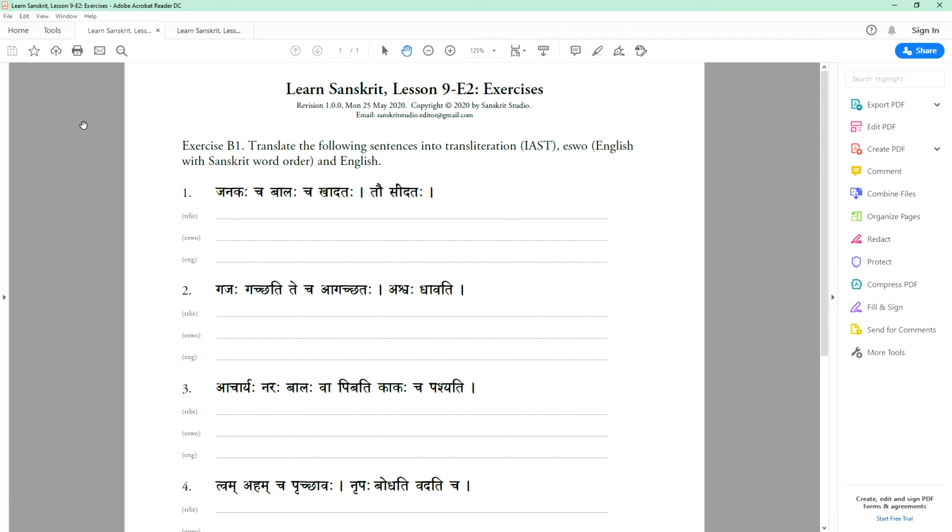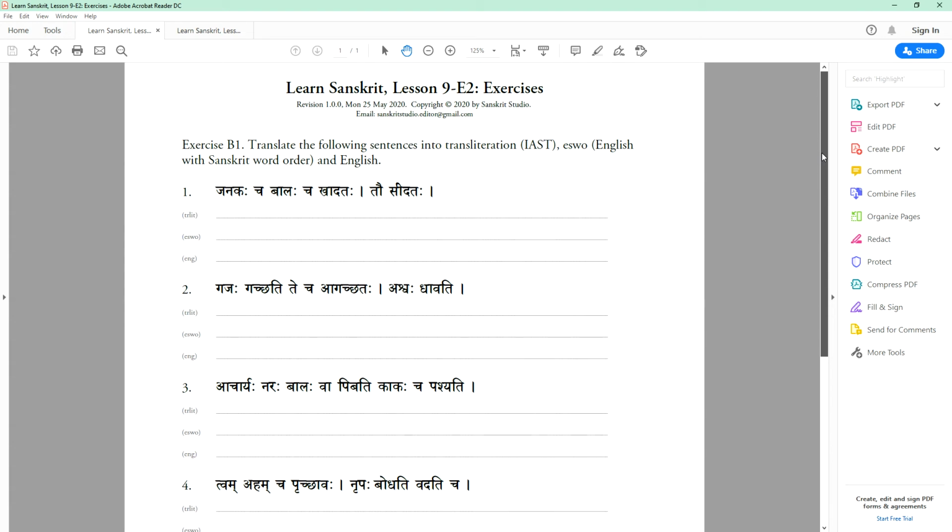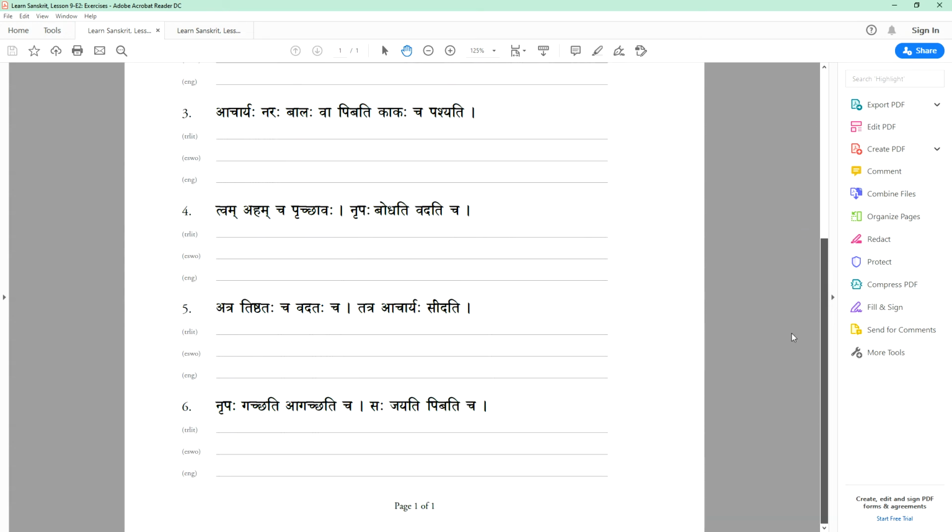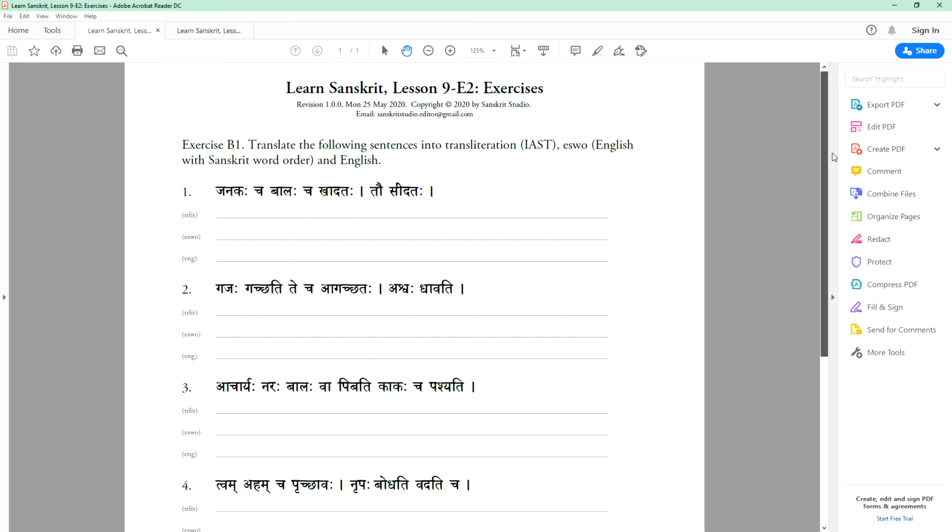We are going to do some exercises today, and this is the second exercise video out of 3 for lesson 9. Here on the screen I have the usual PDFs. I have one PDF for the exercise sheet or the exercise document.